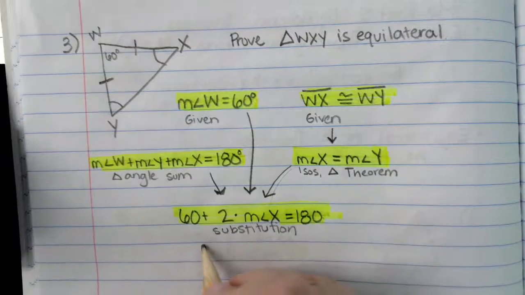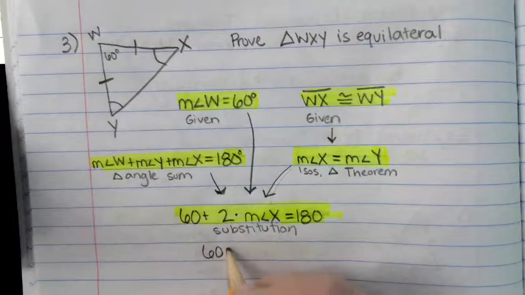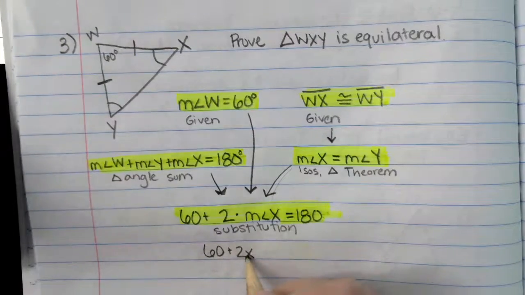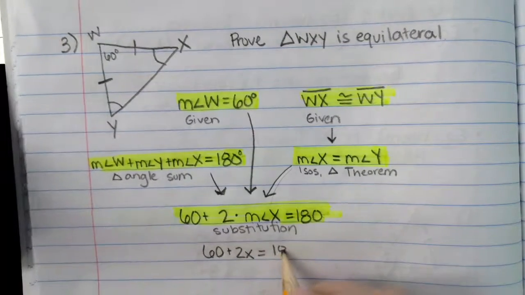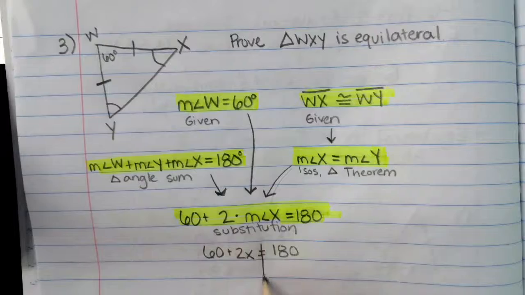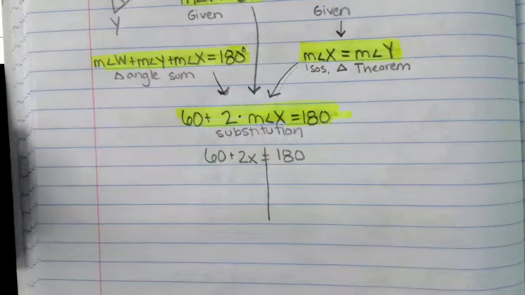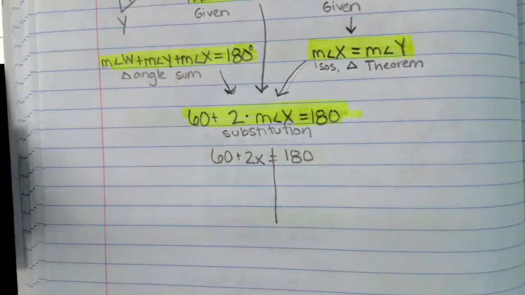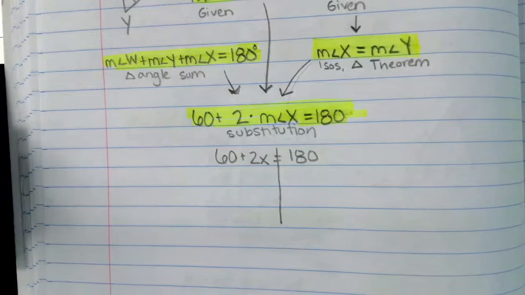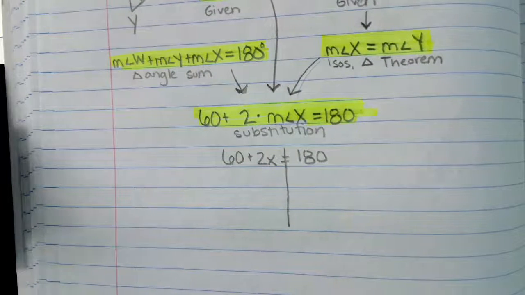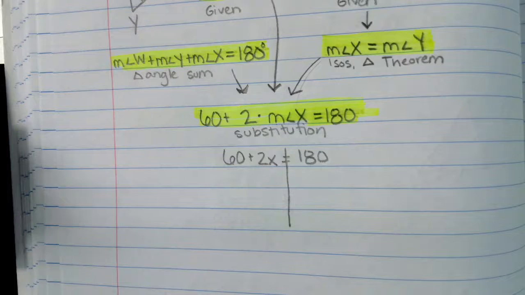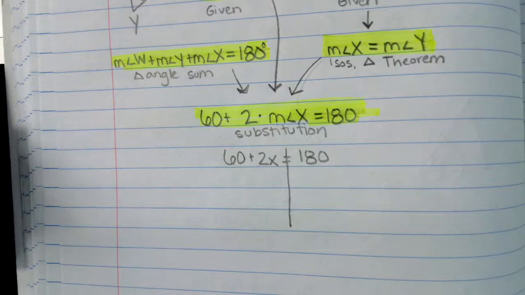Okay, so we're just going to pause here. We're not really going to do the flow proof for a second, because this is just a lot of work if we were going to do it with a flow proof. If I solve this equation, 60 plus 2x equals 180, what am I going to undo first? The 60. How will we undo the 60?